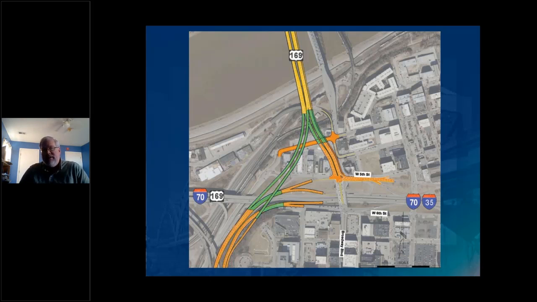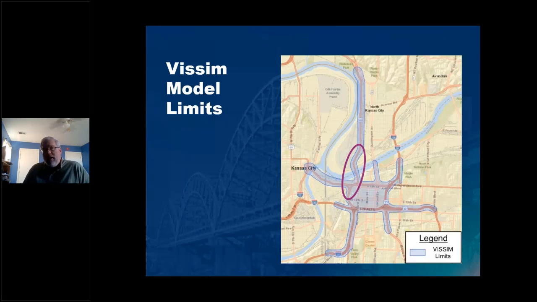I have to point out this is a design-build project, so we don't actually know what the final configuration is going to be, but this presentation will be based on this configuration that was the preferred alternative out of the environmental assessment. Burns & McDonnell was our consultant for the study, and they developed a VSIM model of the entire downtown freeway loop, which circles our downtown area.